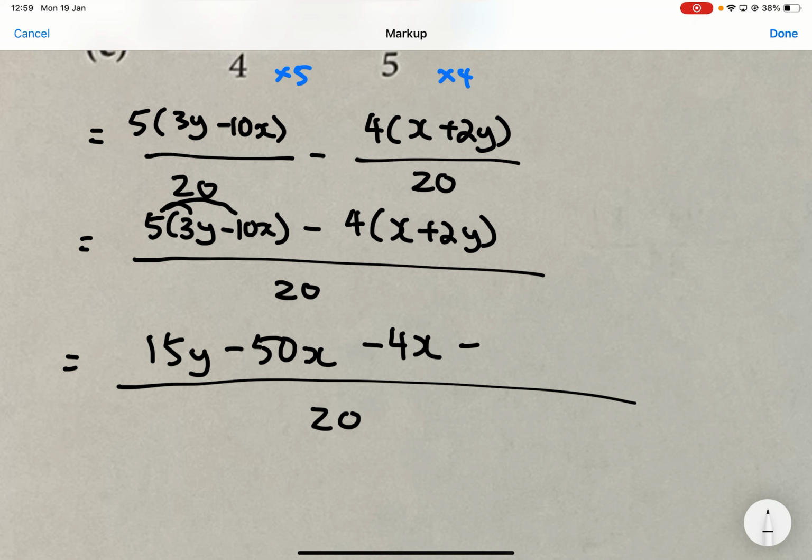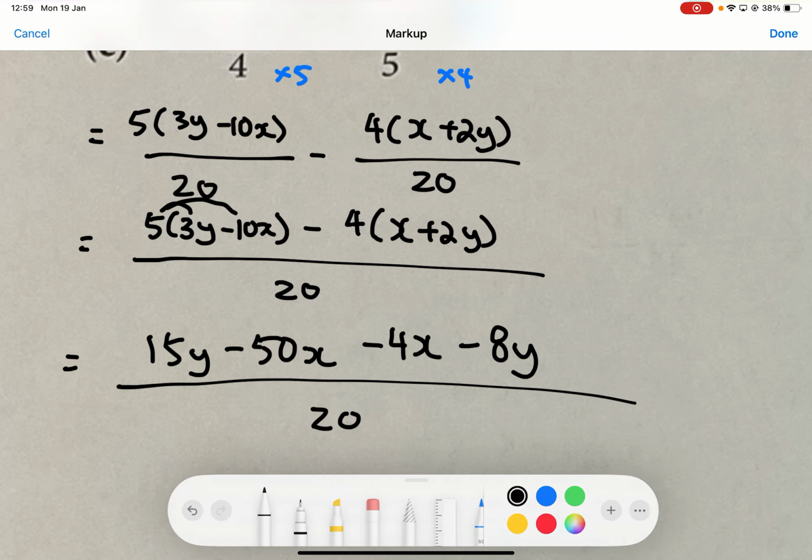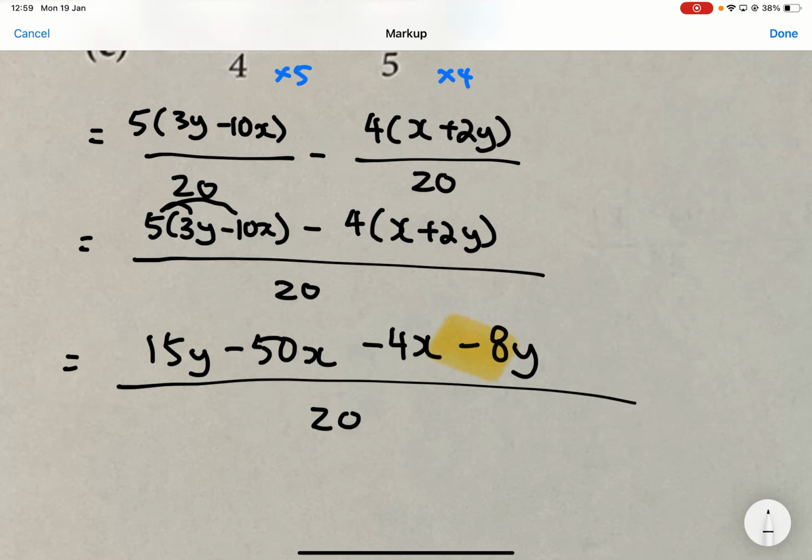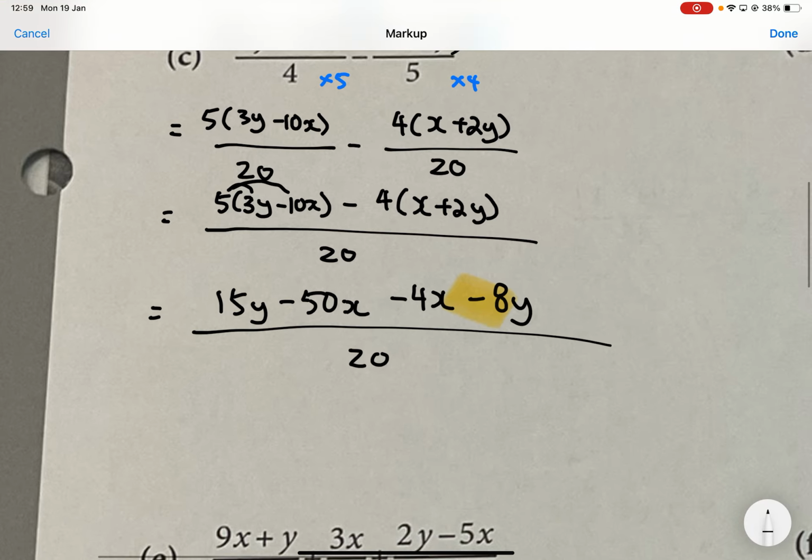Then 4 times 2y, 8y. So this sign over here, this one, must be negative. If you do your expansion before this, chances are you will get this wrong. Most of the time, or your presentation will be wrong.